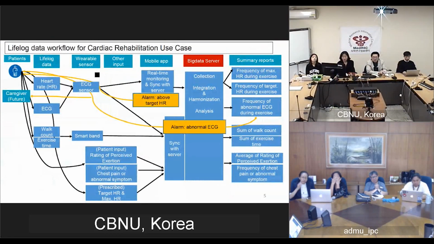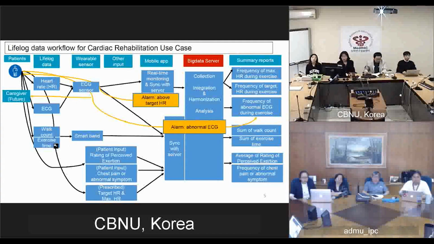This slide illustrates the lifelog data workflow for the cardiac rehabilitation use case. The 4 kinds of lifelog data, including heart rate, ECG, walk count, and exercise time, will be collected by using wearable sensors.